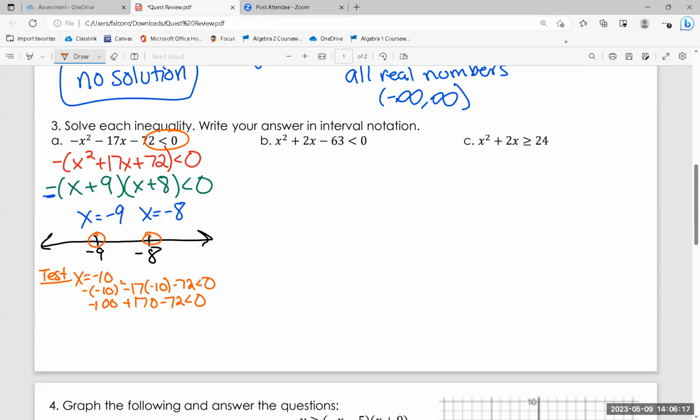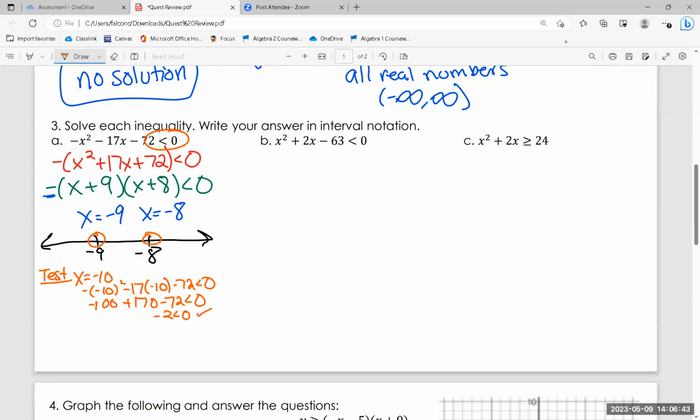Okay, so -100 plus 170 would be 70, minus 72. Yeah, so that would be a negative. This would be -2 less than 0, which does work.